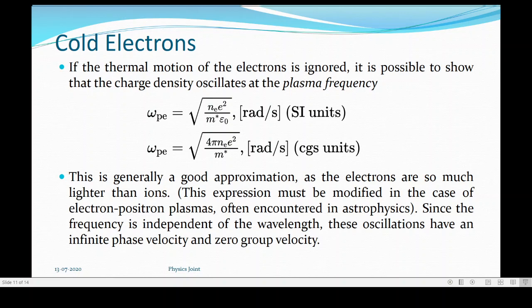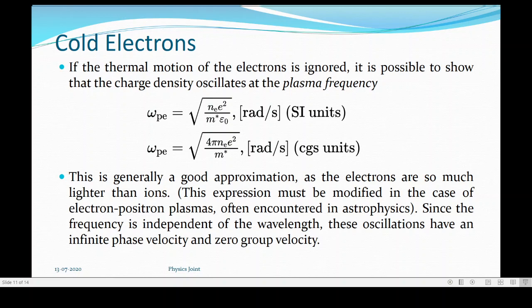In the case of electron-positron plasma that is found in space, because space has a huge variety of particles, in astrophysics we encounter such electron-positron plasmas. So the expressions get a bit modified. Since the frequency is independent of the wavelength, these oscillations have an infinite phase velocity and zero group velocity.